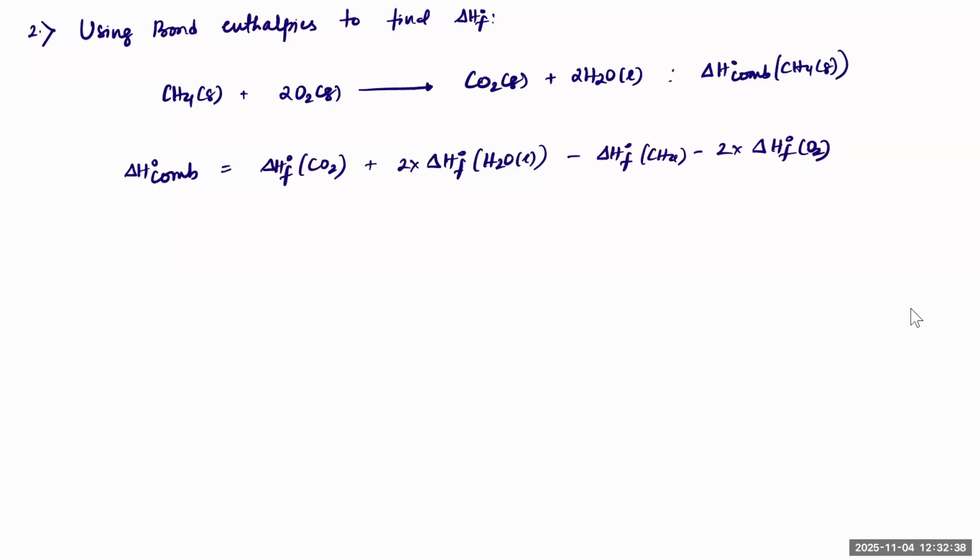Now we just learned that the enthalpy of formation of O2 is zero, because it is in elemental form. So elemental form delta H of formation is zero. If I put that, this is the value I'll get. If these are known values given, then whichever is unknown you can find out.